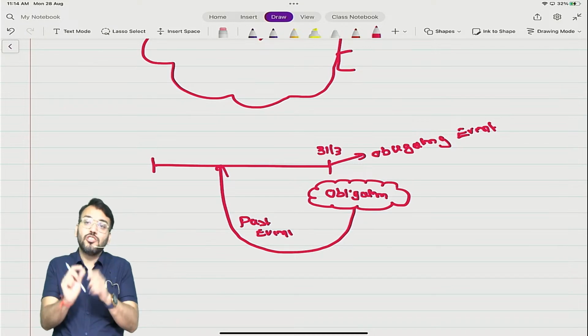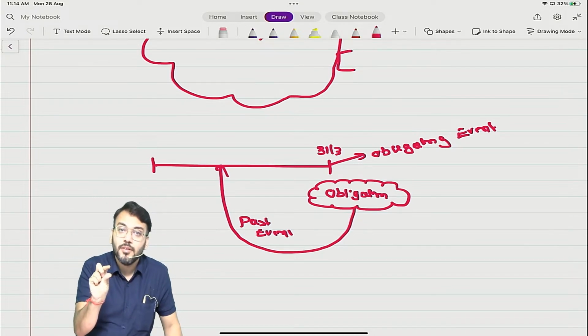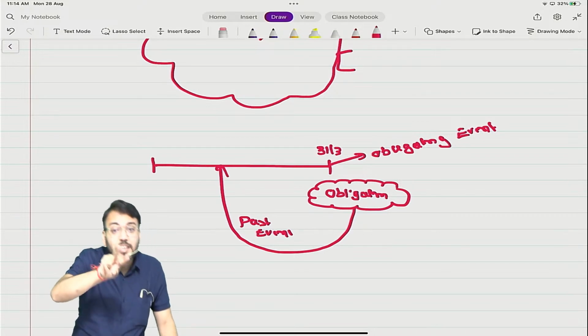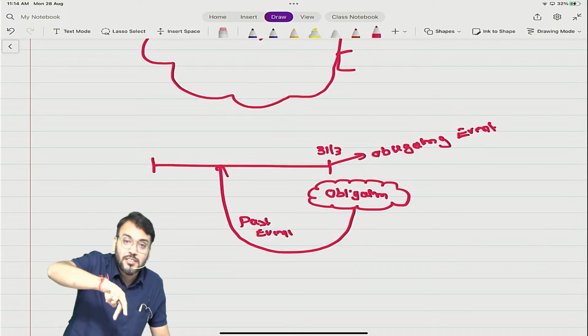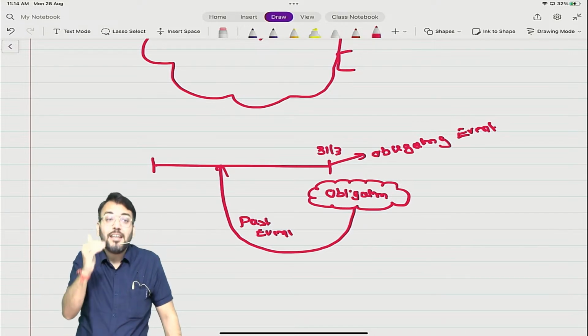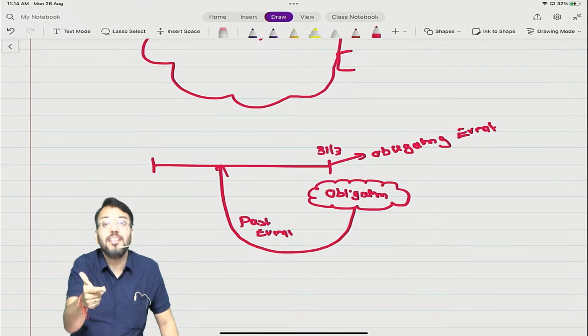The prime objective of this chapter is to find out the obligation of which date? Balance sheet date. Those past events which give rise to an obligation on the balance sheet date should be identified, and such past events are known as what? Obligating event.